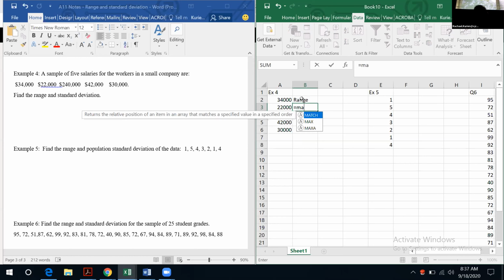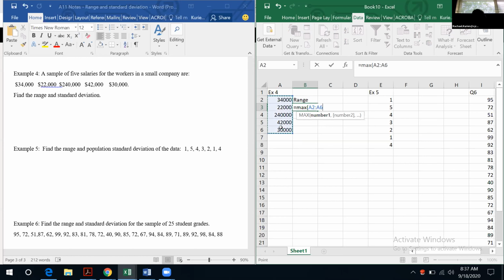And in Excel, we're talking about the max, that's the biggest of this data, minus the smallest, which is the min. You highlight it again. And we should get the range. And why do you think our range is so high? Well, it's because of this 240,000 in there that kind of throws everything off.